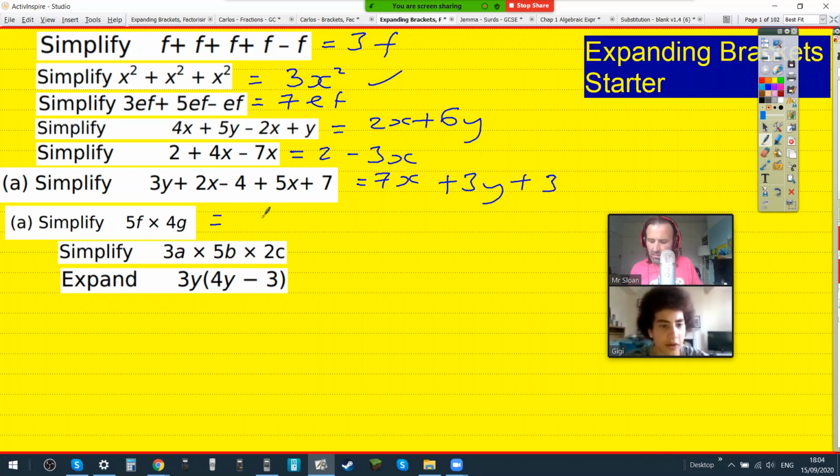That would just be 5f plus times 4g. Plus won't simplify. Times will. 5f times 4g. Is that it? 5 times 4, oh, 20. It would be 20fg. Yeah. If it was plus, it wouldn't get any simpler. Times does.